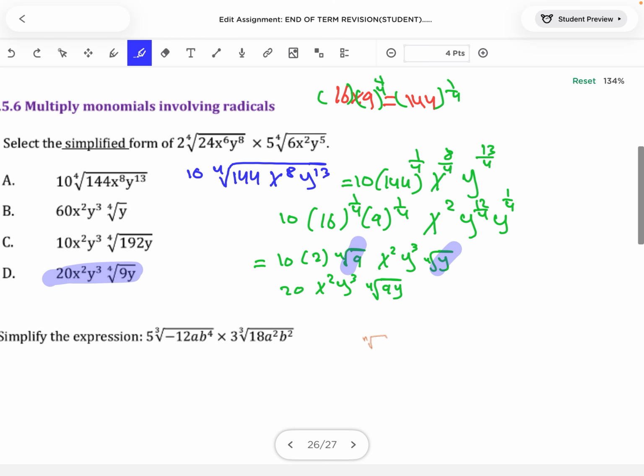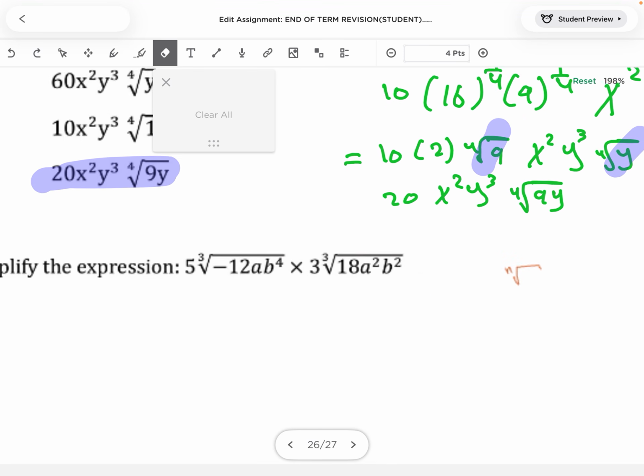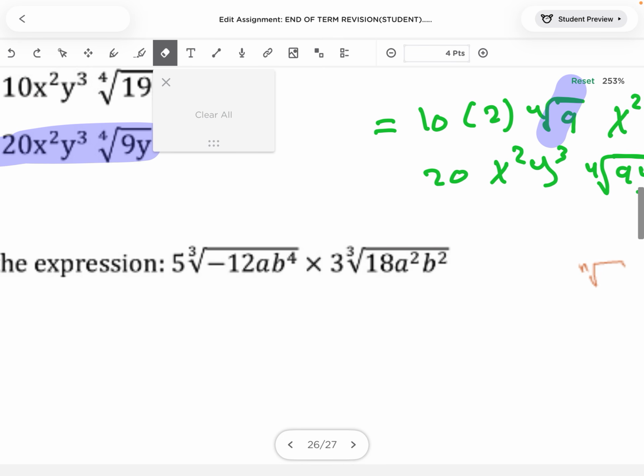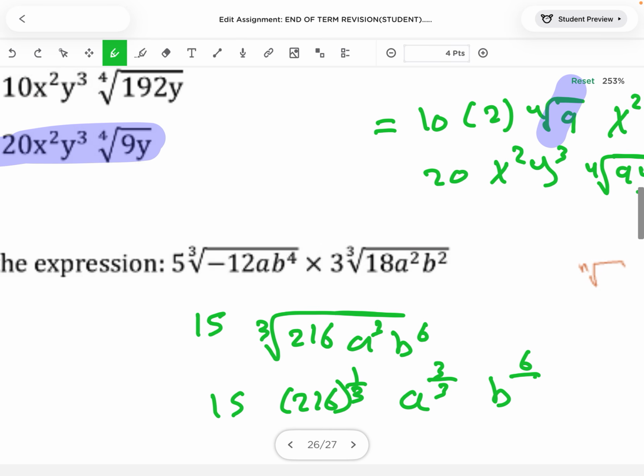Now this one is way easier, but it has the same idea. C. 3 times 5 or 5 times 3 is 15. 3rd root of 216 a to the power 3 b to the power 6. So 15, 216 to the power 1 over 3, a to the power 3 over 3, b to the power 6 over 3.